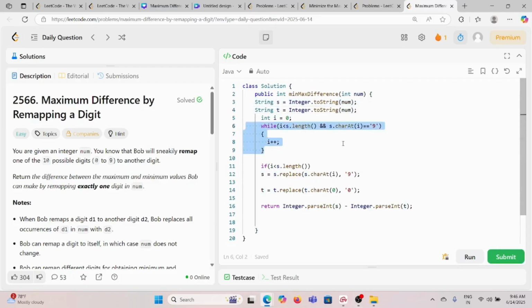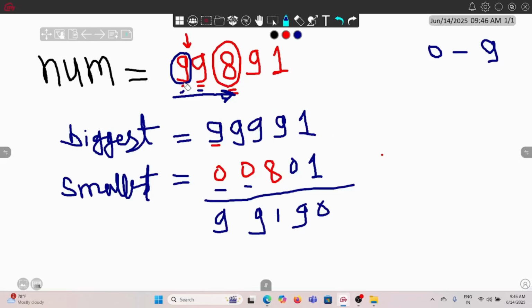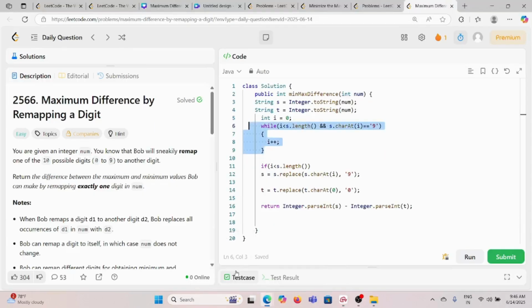First of all, we are going to the right side. We are starting from i equal to 0 and keep on going till the time we are getting character 9, right? Because we have to find the first non-9 character. Just as we were doing in this way, like we came here, this is 9, this is 9, then at 8 we stopped. So in the same way we are doing it here.